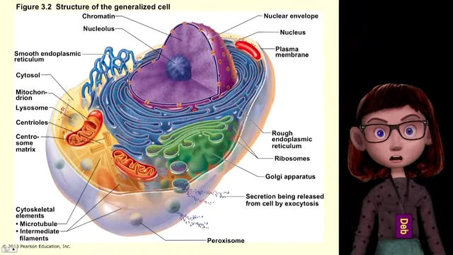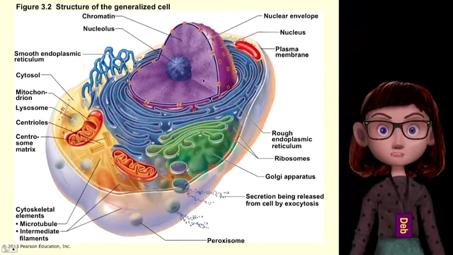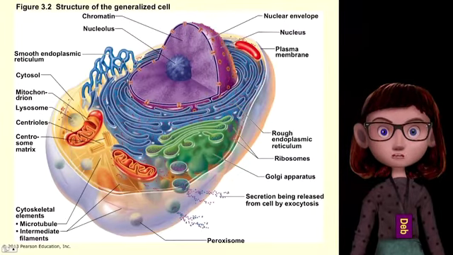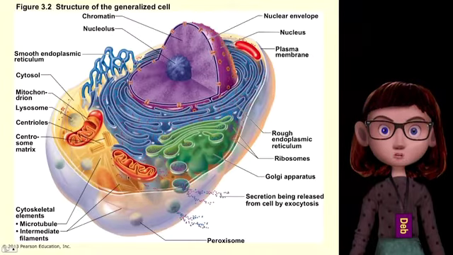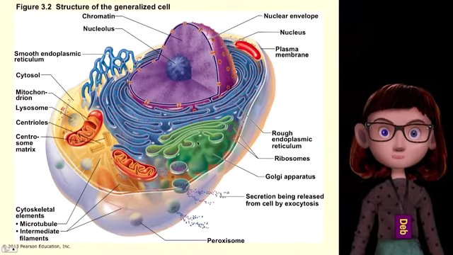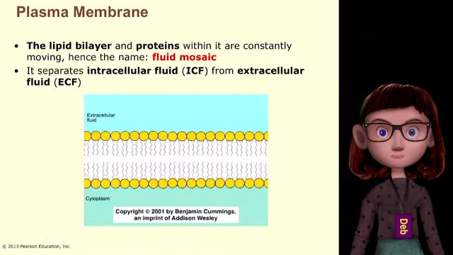Here's the nucleus, for example, the nucleolus, endoplasmic reticulum. Here are some mitochondria, the Golgi apparatus, etc. And we'll be going through these parts as a review near the end of the chapter.